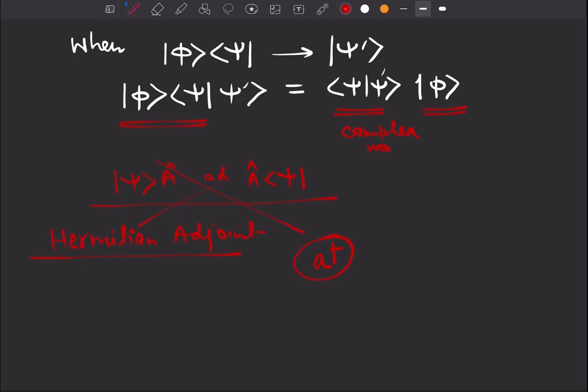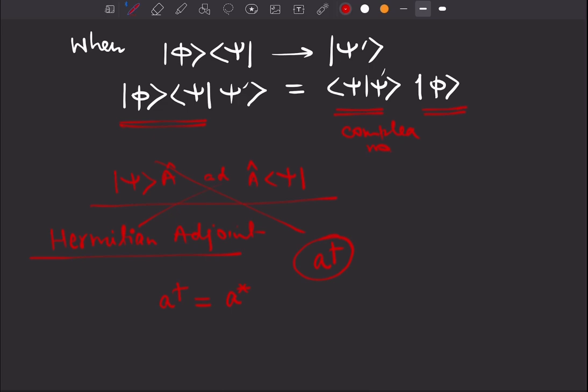The Hermitian adjoint or conjugate A dagger of a complex number A is the complex conjugate of this number. Hermitian adjoint is simply the adjoint, and the adjoint of an operator is defined by this relation.